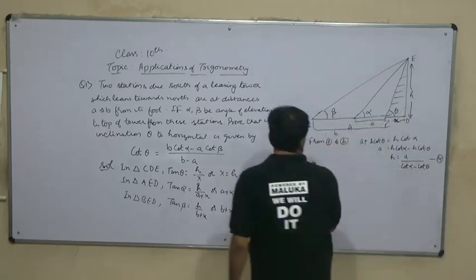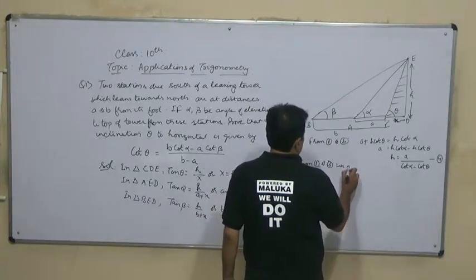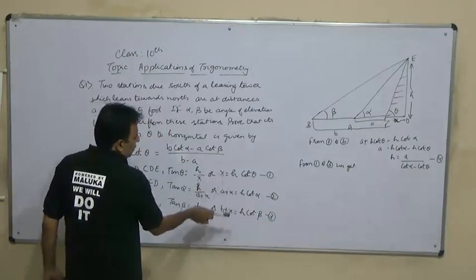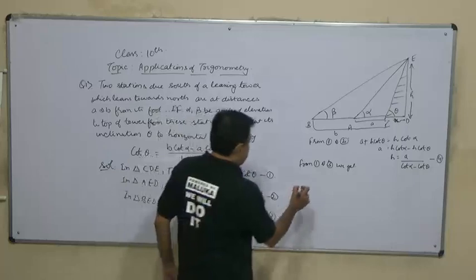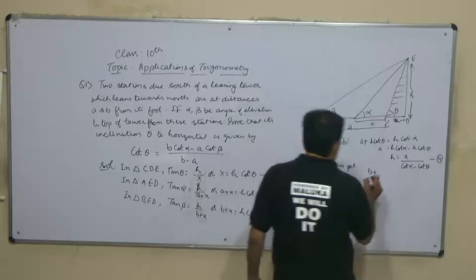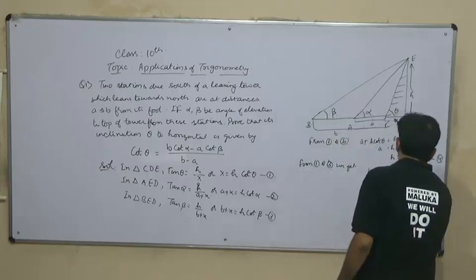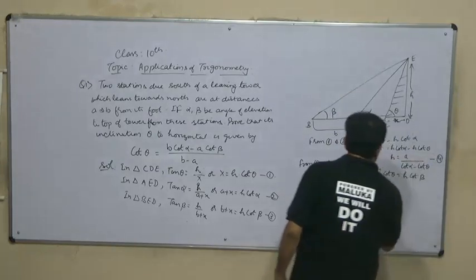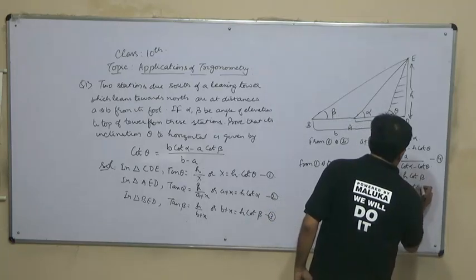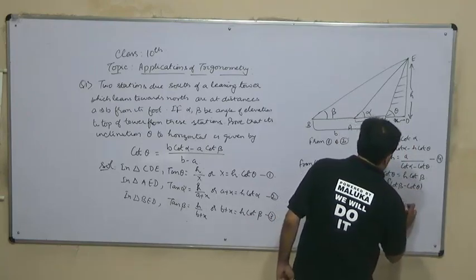And from 1 and 3, we put the value of X from 1 into 3. So B plus H cot theta is equal to H cot beta. So B is equal to H times cot beta minus cot theta, or H is equal to B upon cot beta minus cot theta. This is equation 5.